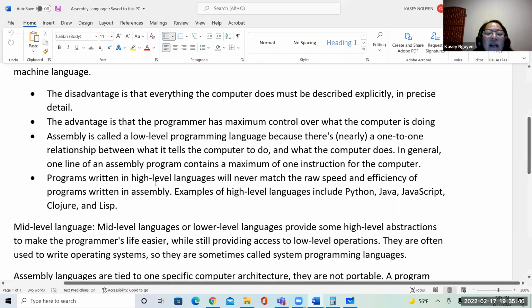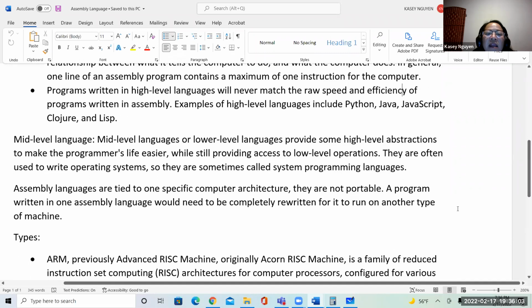The compiler has to build your program, whereas assembly is closer to the low machine language, so the raw speed is faster. There's efficiency.